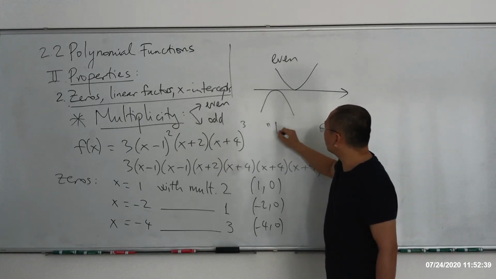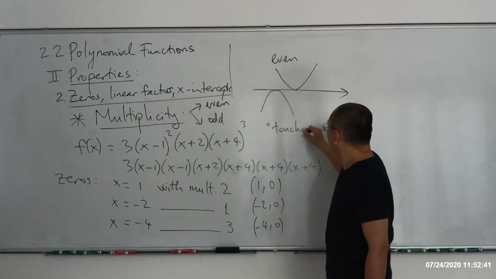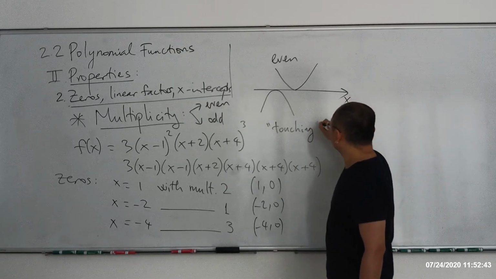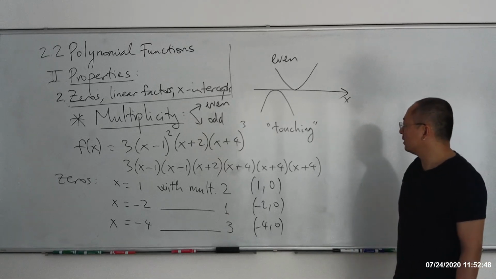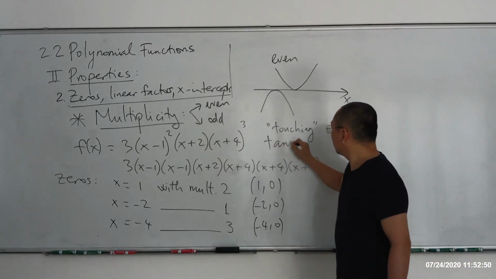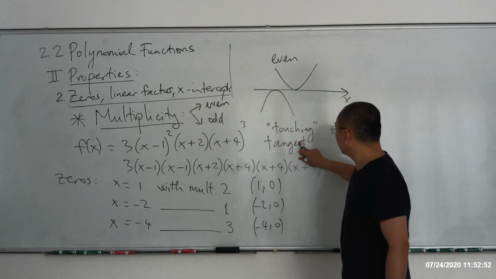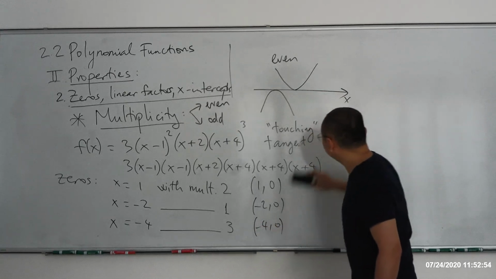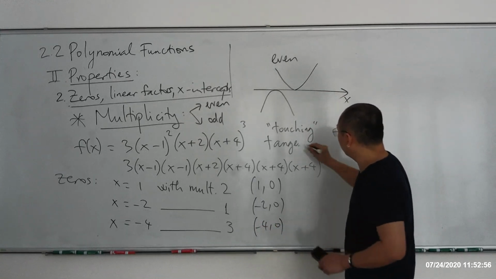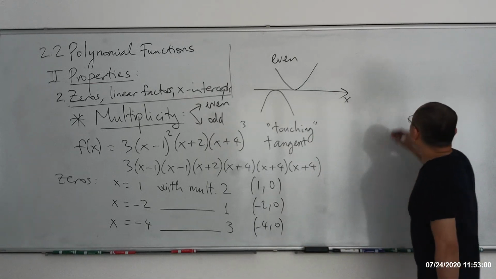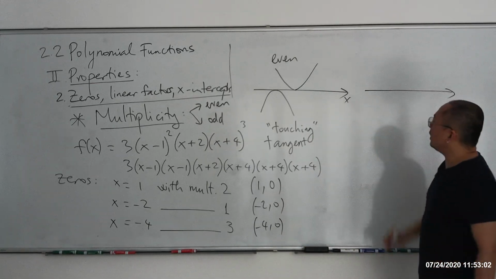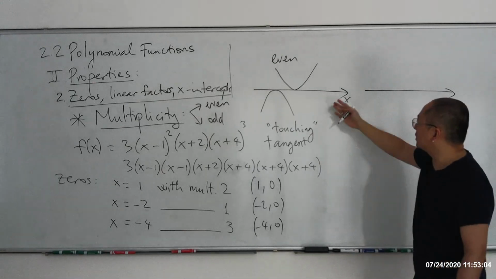It's touching the x-axis. Okay? We say the graph is tangent to the x-axis. Tangent. Touching. Okay. For even multiplicity, you have tangent. Just touch and then bounces back.